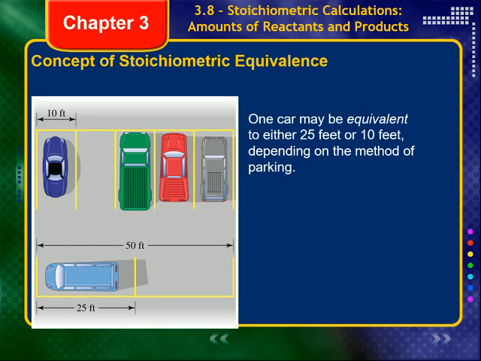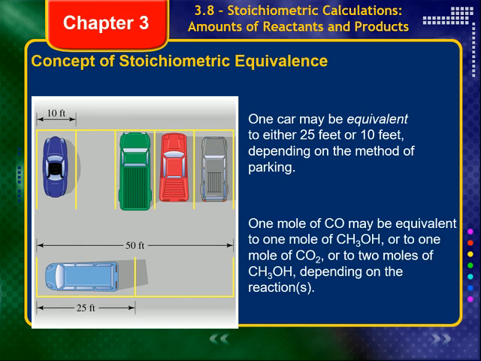So a little conceptual reference here. We have a certain amount of space. Now, how many cars can I park in that space? Well, that's going to depend on whether I'm using a 10-foot parking spot or a 25-foot parking spot, whether I'm parking nose in or if I'm parallel parking.